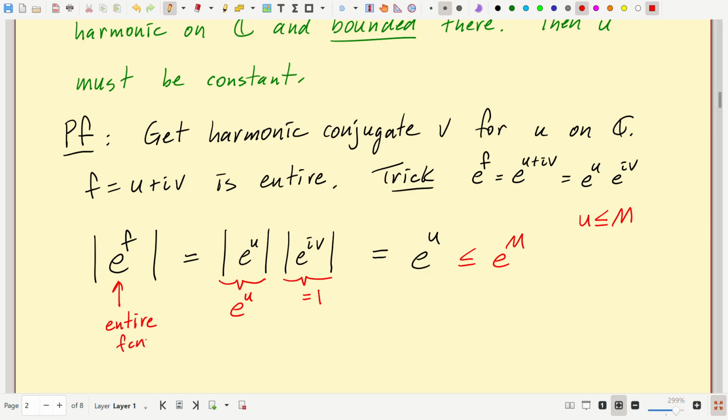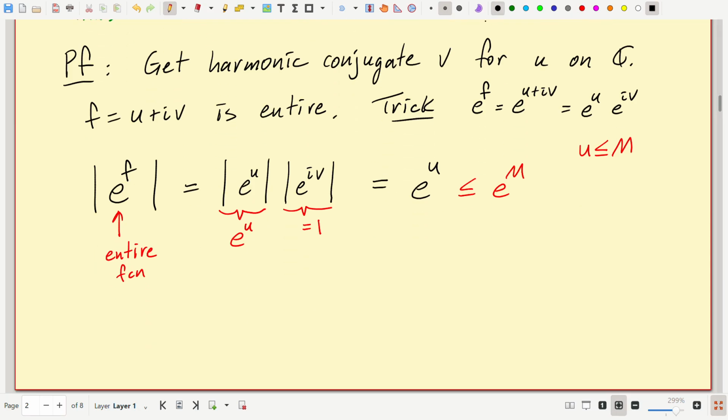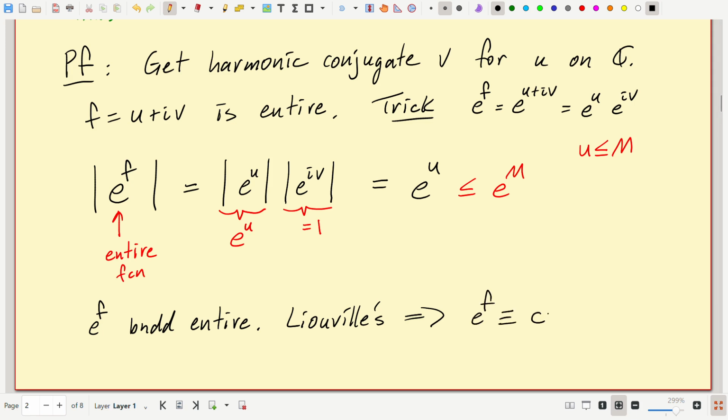And so now it's a bounded entire function. Liouville's theorem for analytic functions implies it's constant. This would be a complex constant, perhaps.